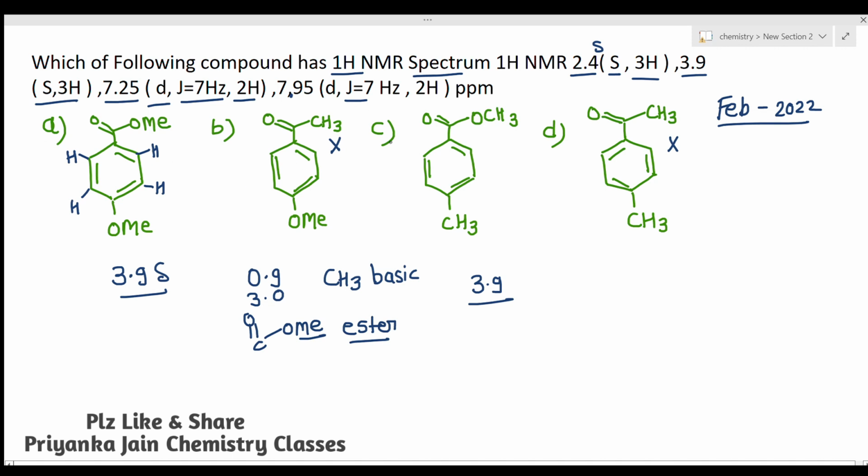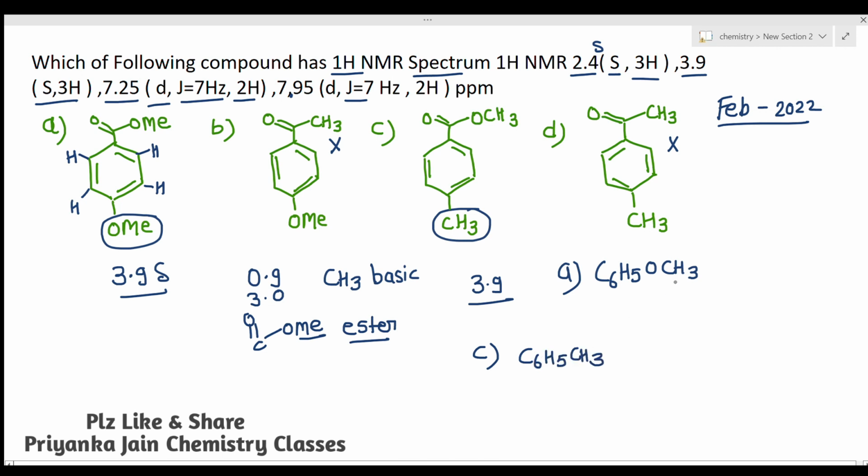In option A we have been given an OCH3 group, and in option C we have been given a CH3 group. Here a CH3 group is attached to an aromatic ring, and here a CH3 group is attached to OC6H5. It means in option A we have C6H5 OCH3, and in option C we have C6H5 CH3, such type of grouping.